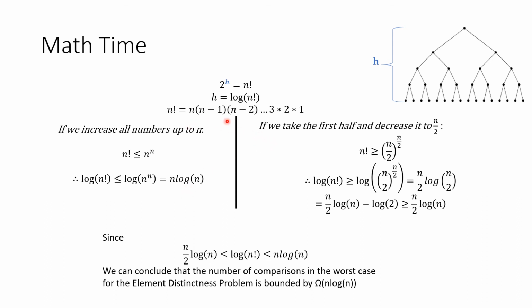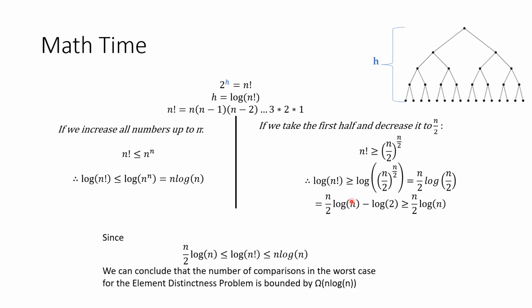If we take these elements and we just grab half of them and we reduce them to n over 2, then we can say that n factorial should be bigger or equal to n over 2 to the n over 2.